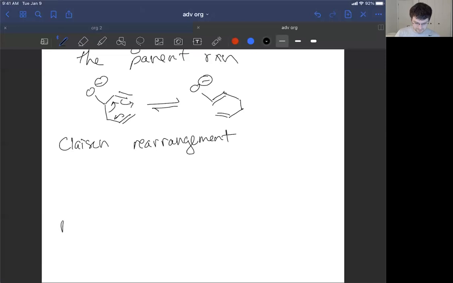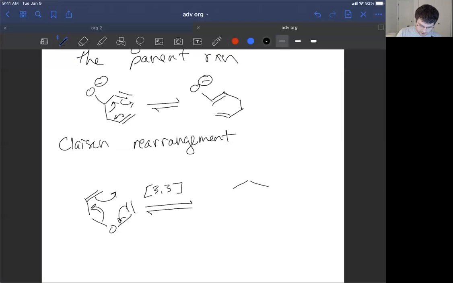So here we could have, and let's just draw this a little bit more generally, a sigmatropic rearrangement like this. So this is going to be another 3,3 sigmatropic rearrangement, except with an oxygen built in. And this is not a Cope rearrangement, but instead this is a Claisen rearrangement.